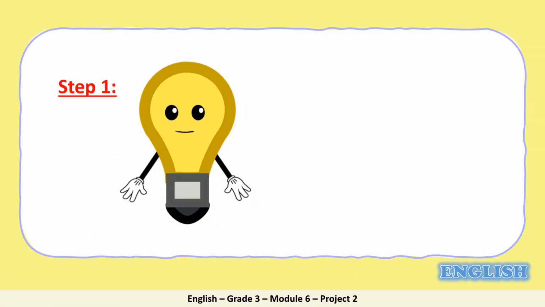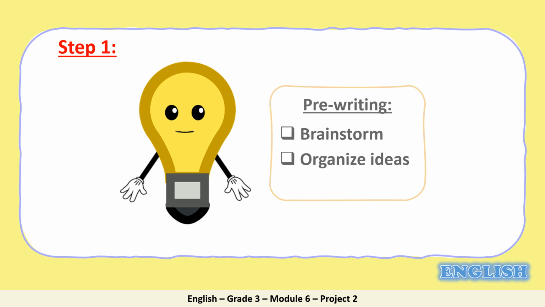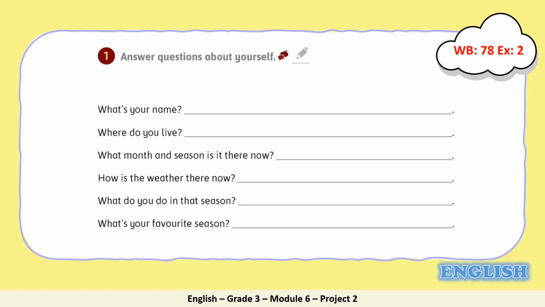Step number 1 is pre-writing, the brainstorming. In this step, you are going to think about your topic, look at the helping questions, and brainstorm ideas. We will brainstorm the most important parts of our paragraph.